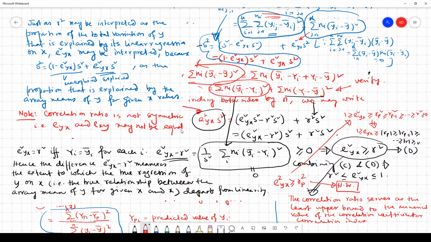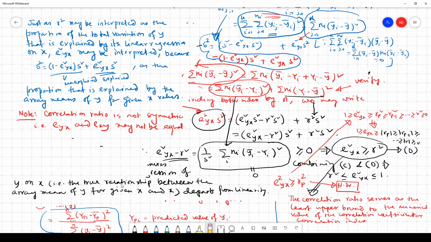The last point: what happens if e square yx equals 1? If e square yx is equal to 1, then the unexplained part should be 0.